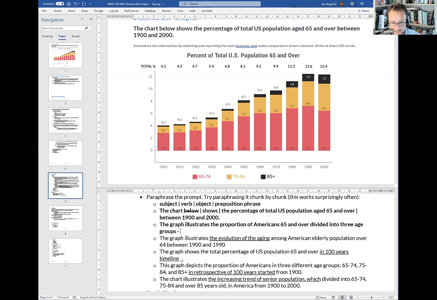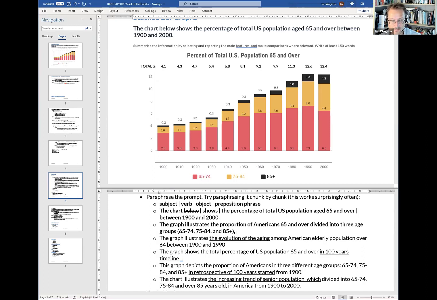And we can write 65 to 74, 75 to 84, and 85 plus. And I'm going to switch this to brackets. And then it says between 1900 and 2000.